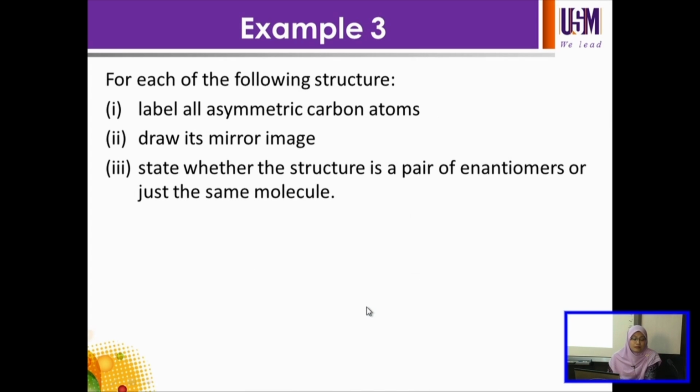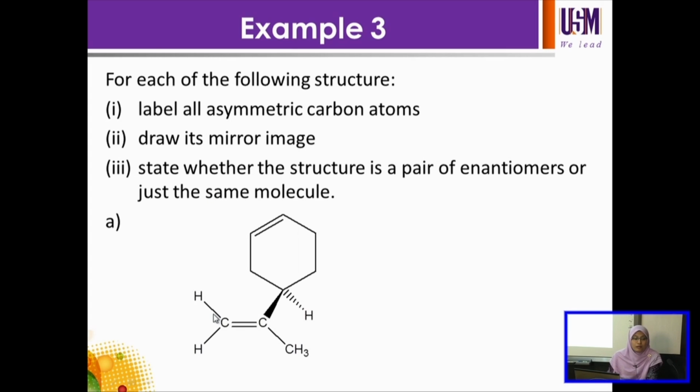Okay, let's look at example number 3. For each of the following structures, label all asymmetric carbon atoms, draw its mirror image, and state whether the structure is a pair of enantiomer or just the same molecule. Okay, now we are given this structure.